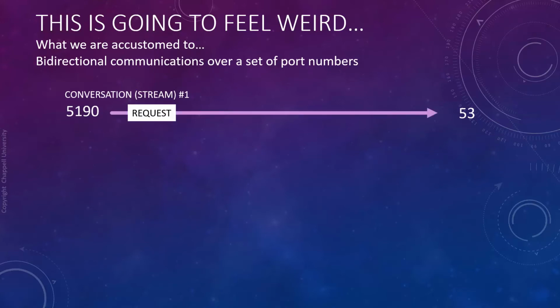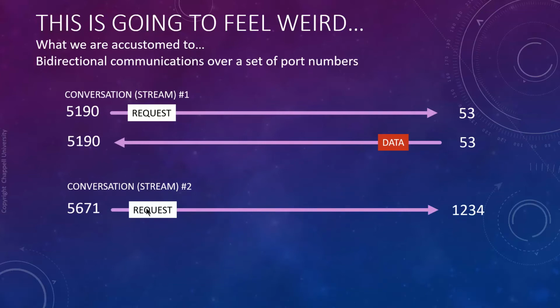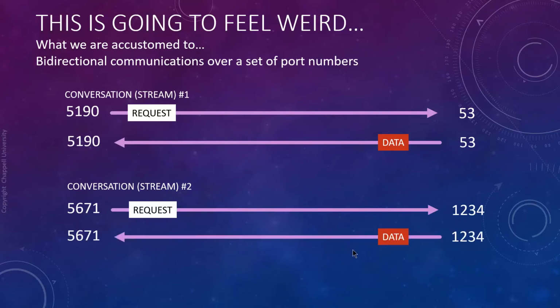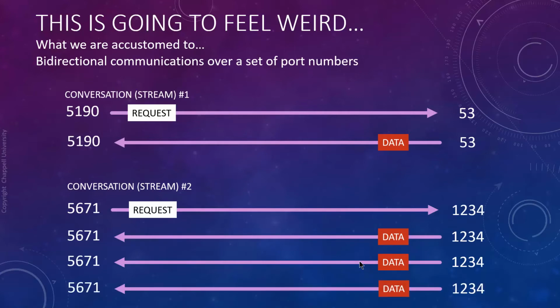We're used to seeing something like this, where a request goes out from port, let's say 5190, request goes out to 53, maybe it's a DNS request here, a reply comes back, and Wireshark would mark this as a single stream or a single conversation. If we had more information flowing back and forth, we have a request that goes out and we get multiple packets of data, all of that would be marked as a separate stream or a separate conversation.